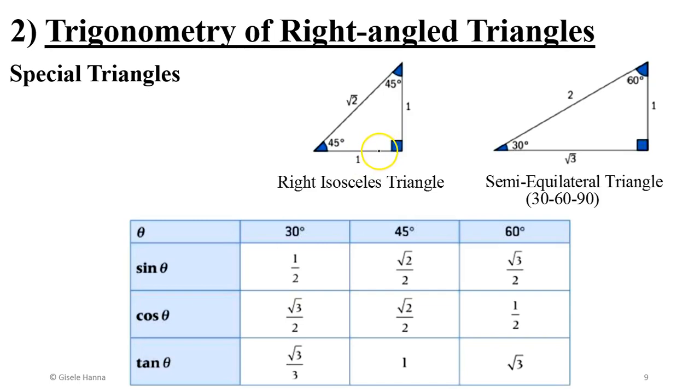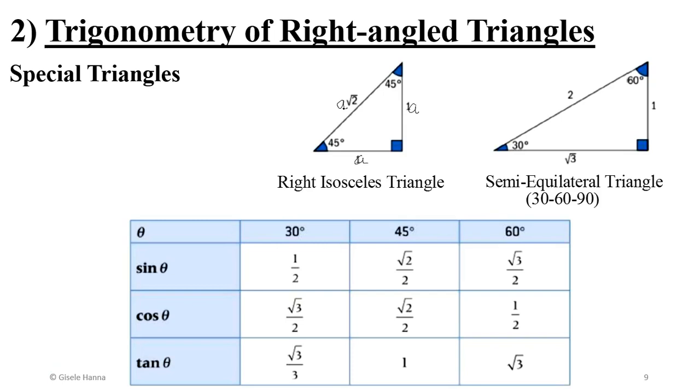So in a right isosceles triangle, now these two sides being equal, if they were to measure 1 unit, in that case, according to the Pythagorean theorem, the hypotenuse would in fact be the square root of 1 squared plus 1 squared, which would be equal to square root 2. We can generalize this if the sides of the isosceles triangle were A instead of 1. Again, using Pythagoras, I would end up with the hypotenuse being equal to A times square root of 2.